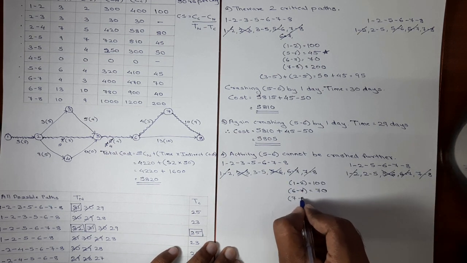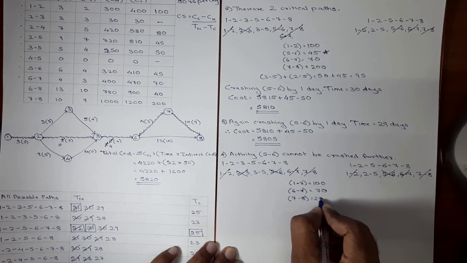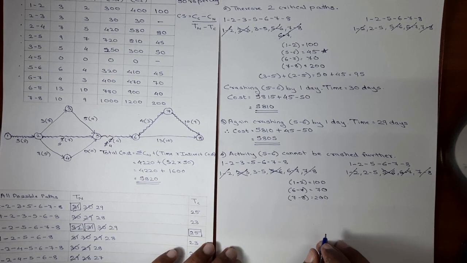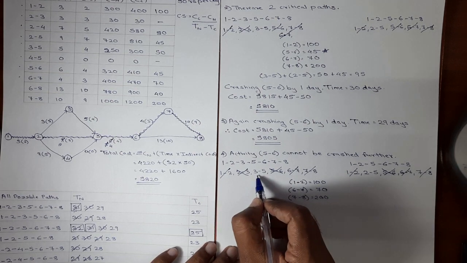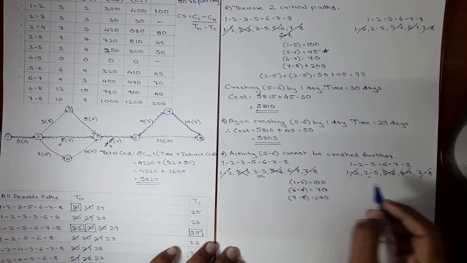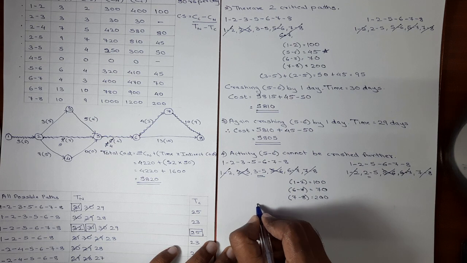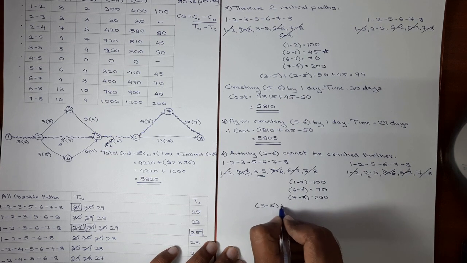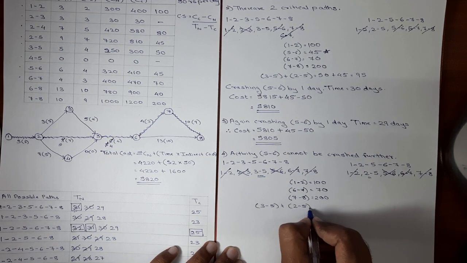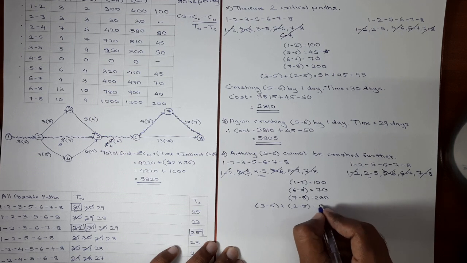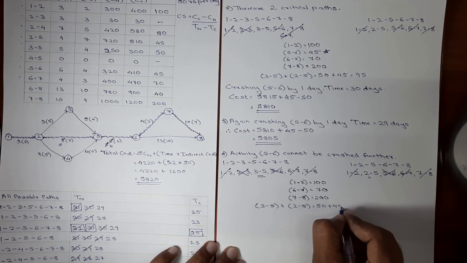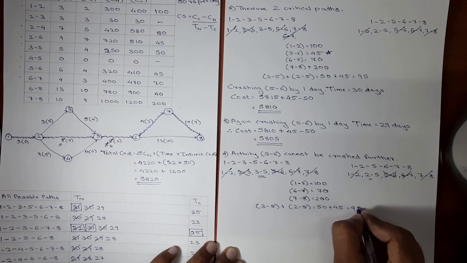Cost slope of activity 7, 8 is 200. Now there is only one activity remaining in each path, 3, 5 and 2, 5. Again, we'll be making the same combination, 3, 5 plus 2, 5. Cost slope of 3, 5 is 50. Cost slope of 2, 5 is 45. 50 plus 45 gives 95.